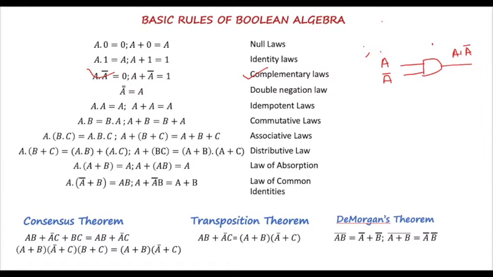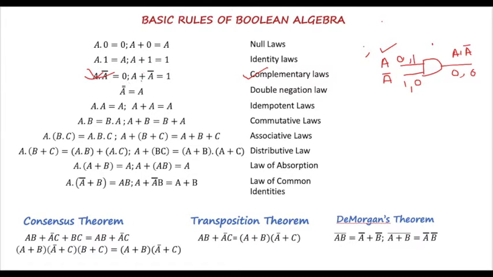Now if A is 0, then this one is 1, which gives the output 0. And if A is 1, then this input will be 0, so the output will be 0. So this states that the output will always be 0 if any variable is ANDed with its complement.